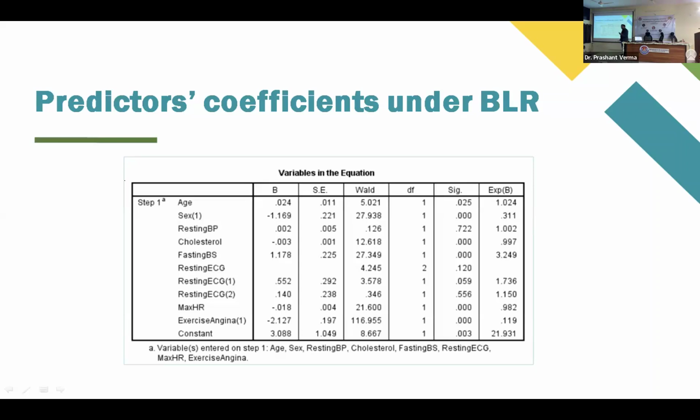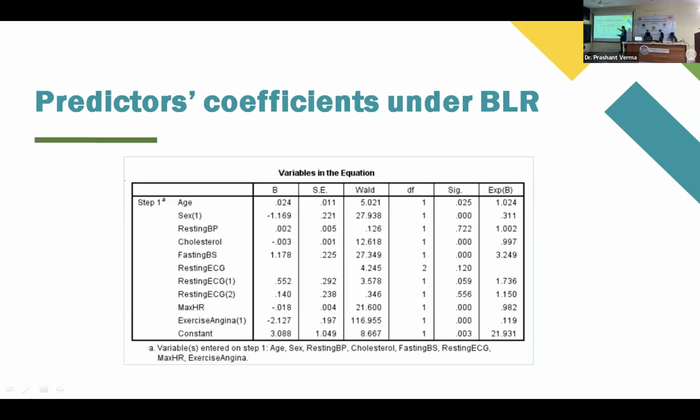What it means is, for the 5% level of significance, we are 95% sure that our finding, what we are interpreting, is true. It's a 95% confidence surety. There will be 5% error.